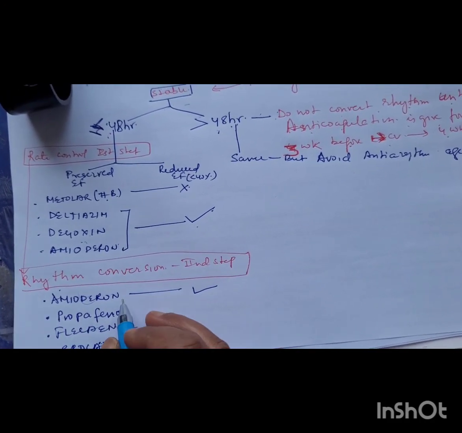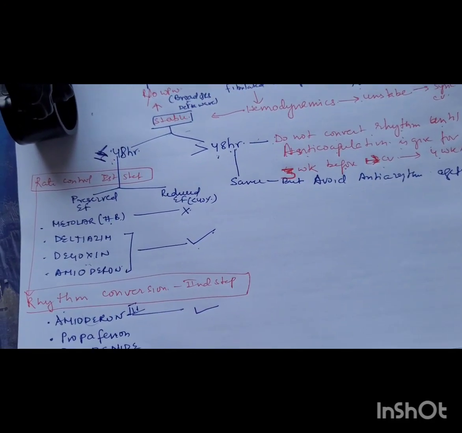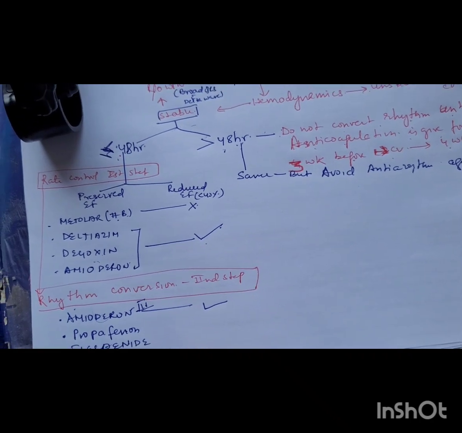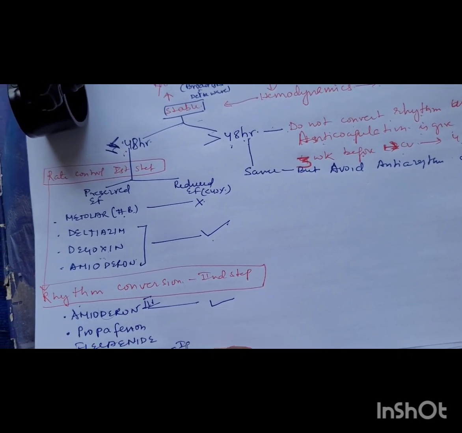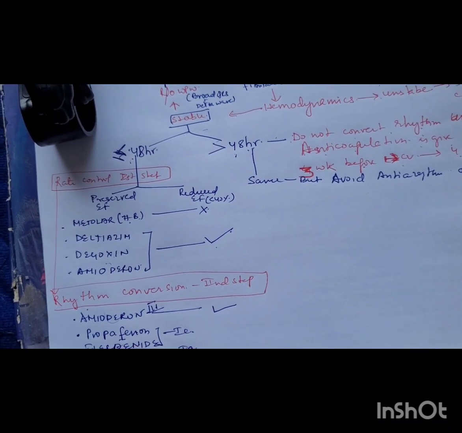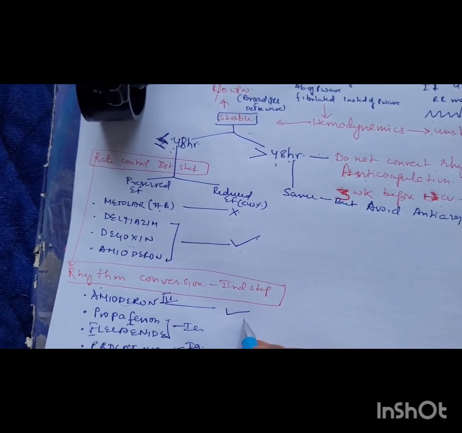This amiodarone is a class 3 agent, and ibutilide is also a class 3 agent. Just as a reminder, procainamide is class 1A, and these two are class 1C agents. Where there is an F, that is class 1C. So for reduced, you have only these options.